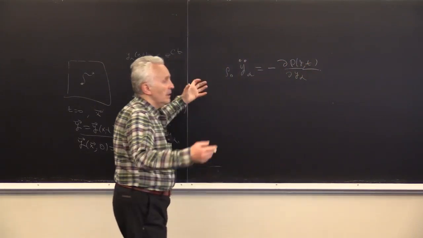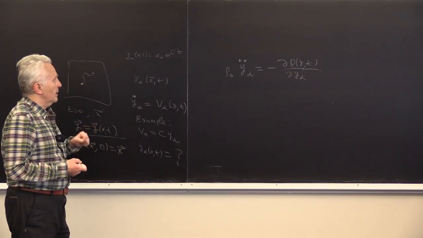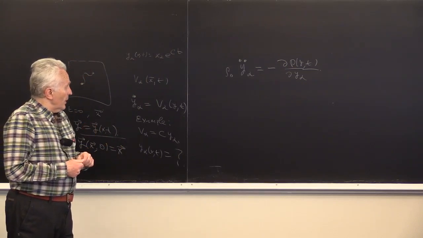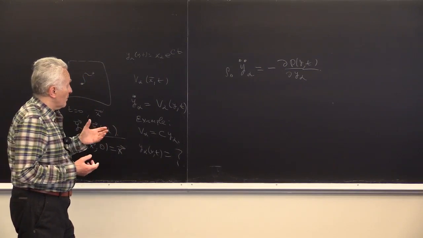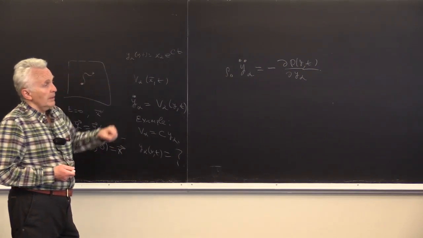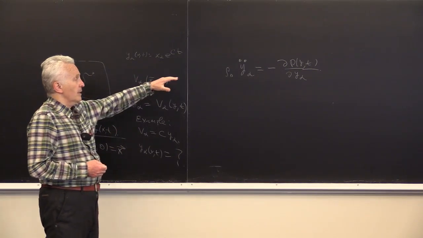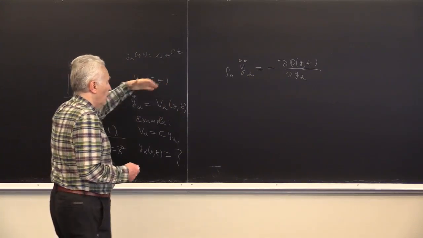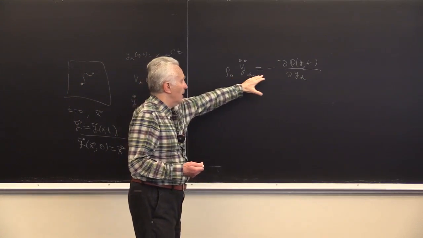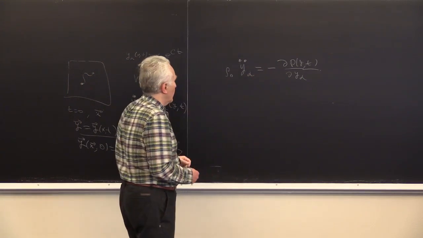The physical meaning is the potential acting on this fluid particle. As you will see in a few minutes, it's just the pressure in the fluid, but so far it's not obvious. So far it's just the unknown potential.